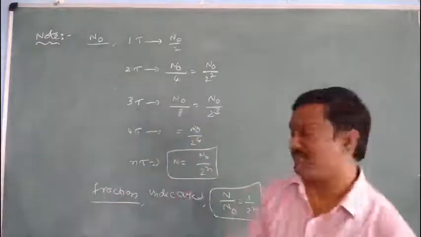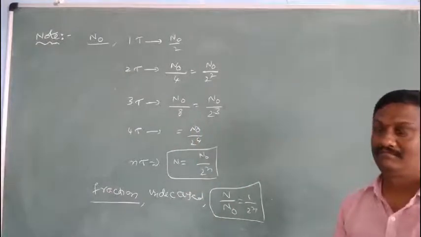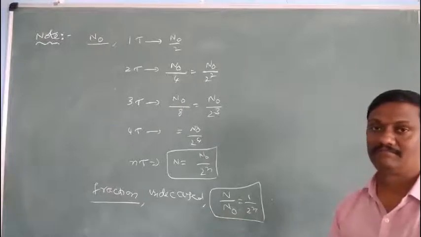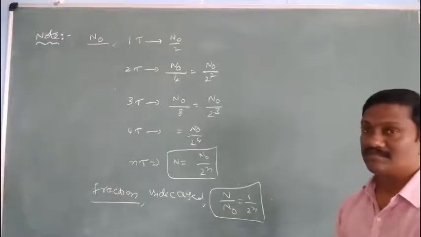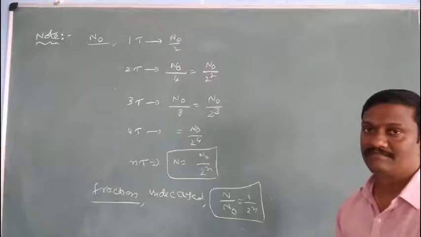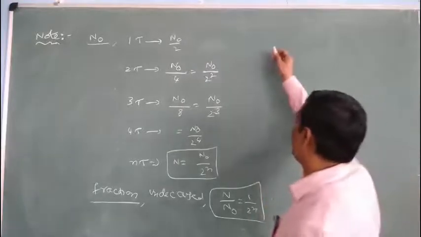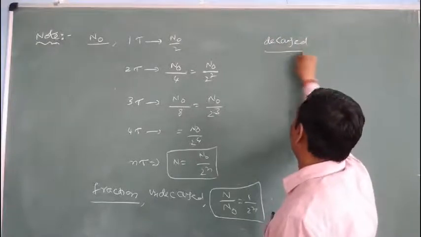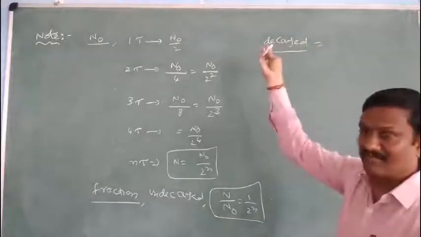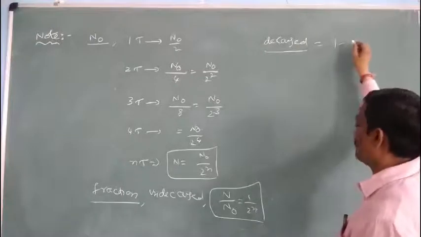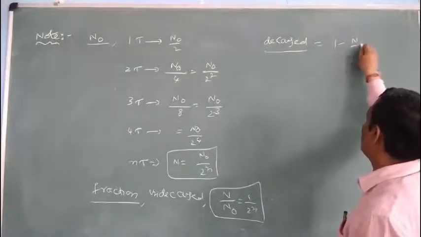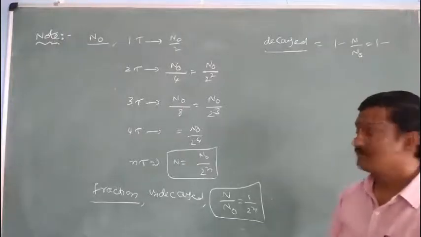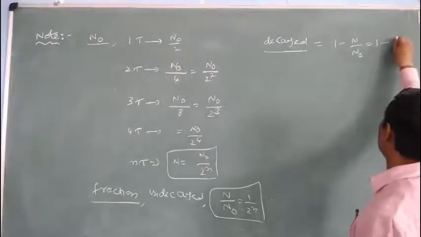Next, after completion of n half-lives, the fraction of atoms decayed is the remaining fraction, 1 minus N by N naught, and N by N naught means 1 by 2 power n.